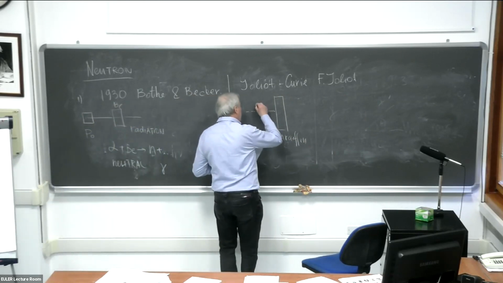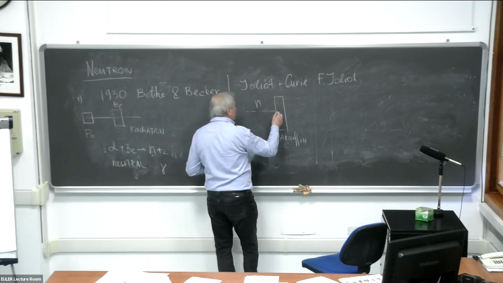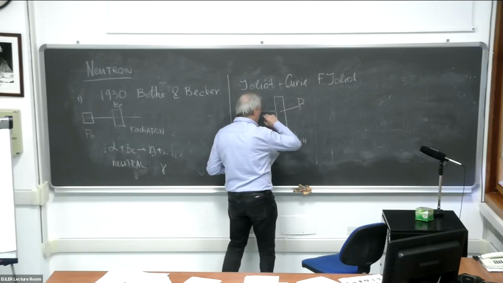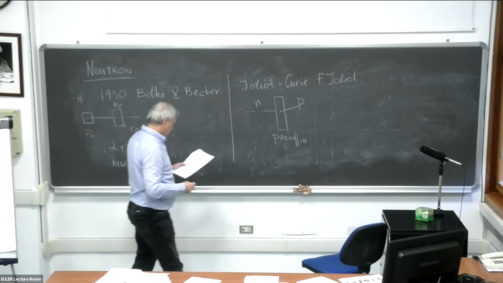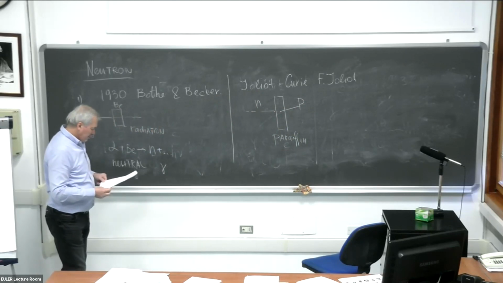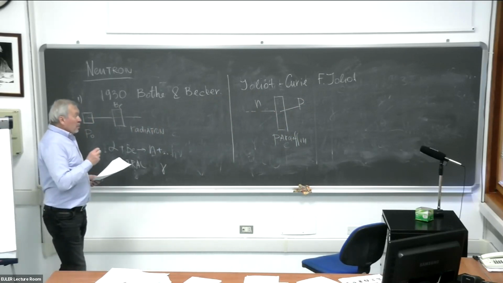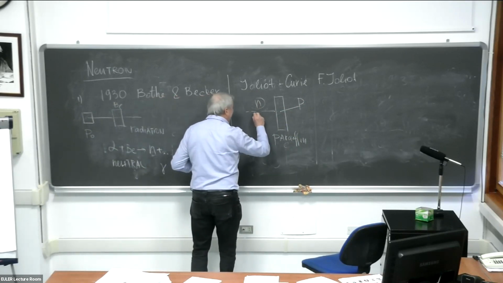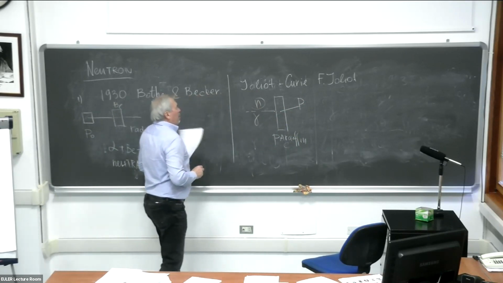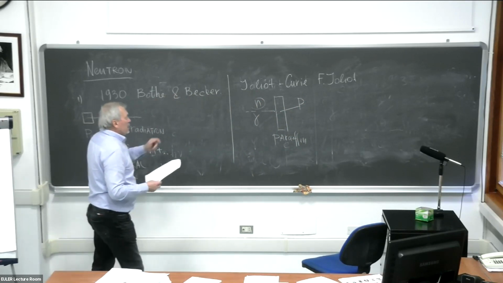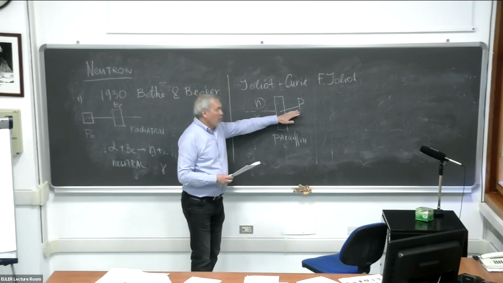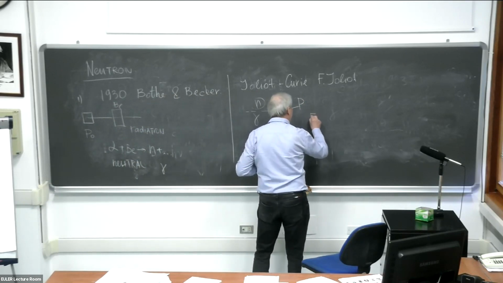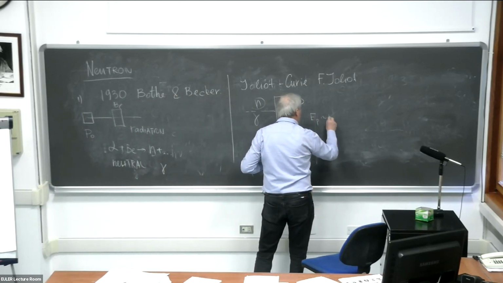And what they saw is that this new radiation knocks out protons from paraffin. It was already suspicious that maybe this is not gamma, because they also measured the momentum or energy of this proton, and the energy was about 5 MeV.